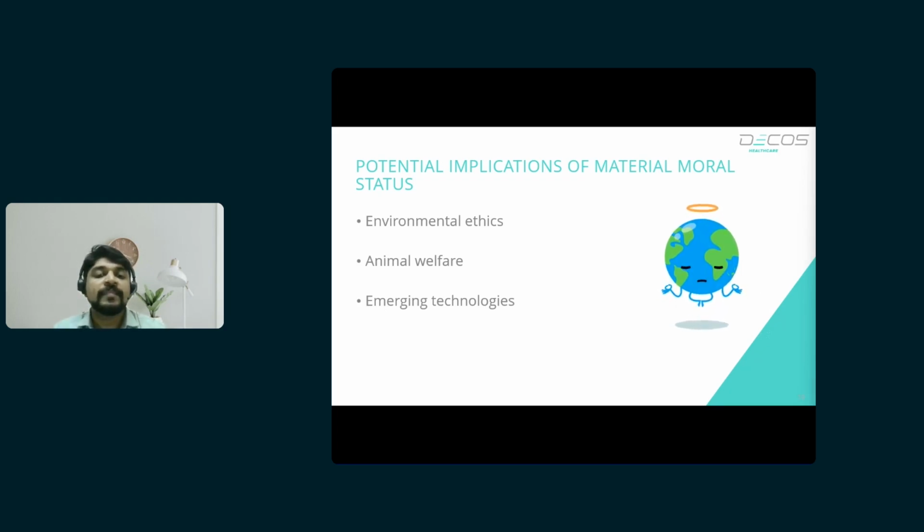In essence, the concept of moral status of materials forces us to reevaluate our relationship with the material world. It pushes us to consider the ethical implications of our choices, not just for the environment and other living beings, but potentially for the materials themselves.